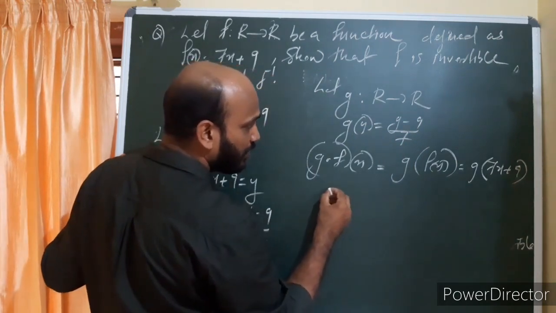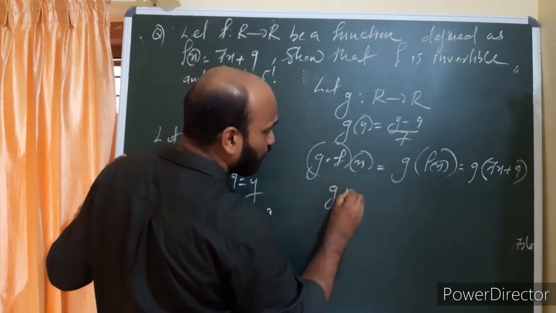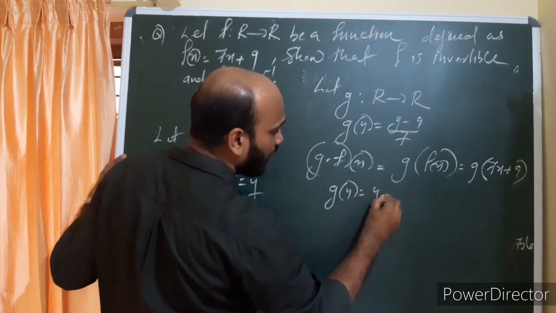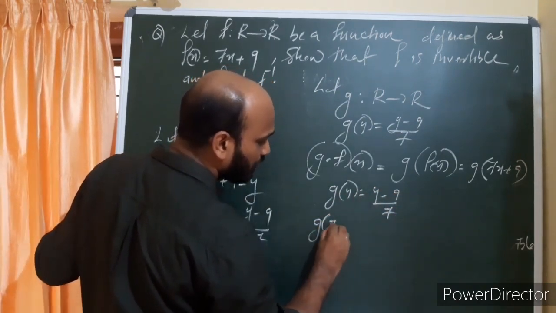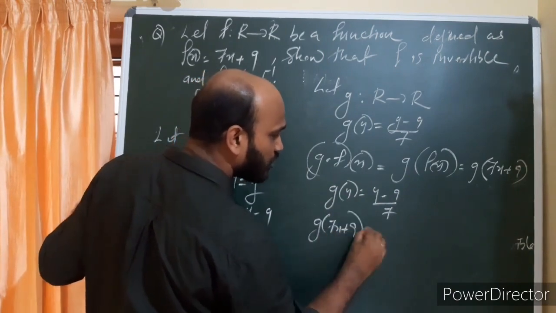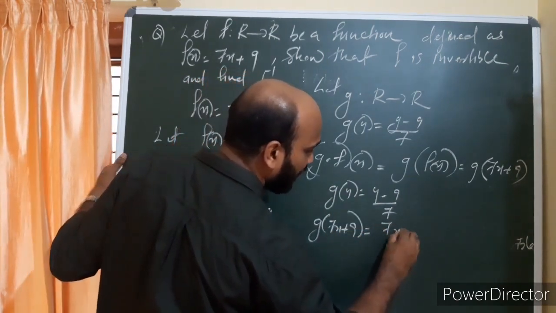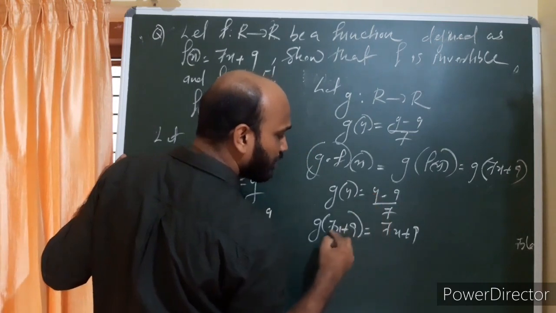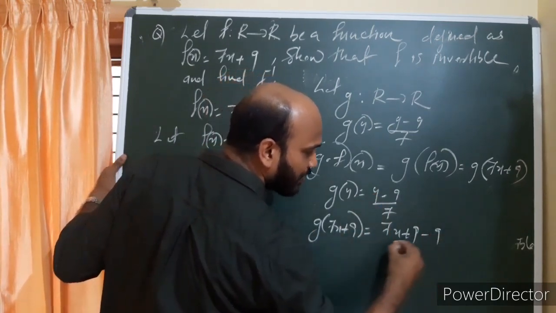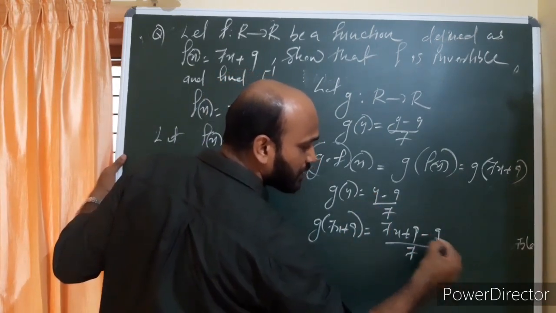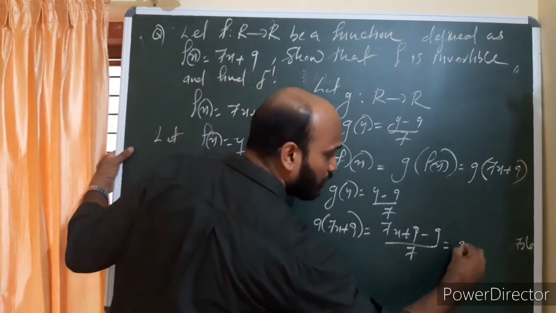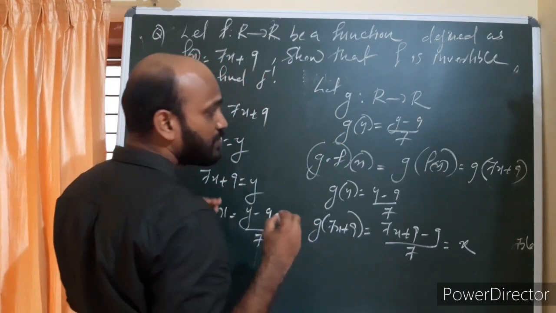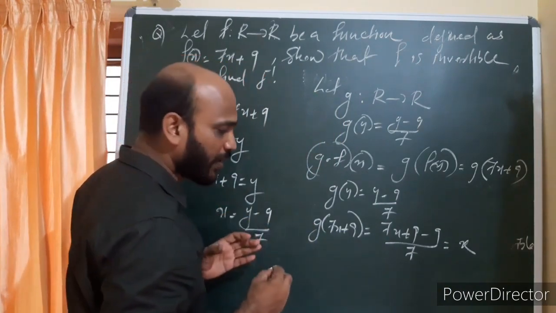Therefore, g of 7x plus 9 will be equal to (7x plus 9 minus 9) by 7. The plus 9 and minus 9 get cancelled, and 7x by 7 equal to x. So g of f of x equal to x we are getting.